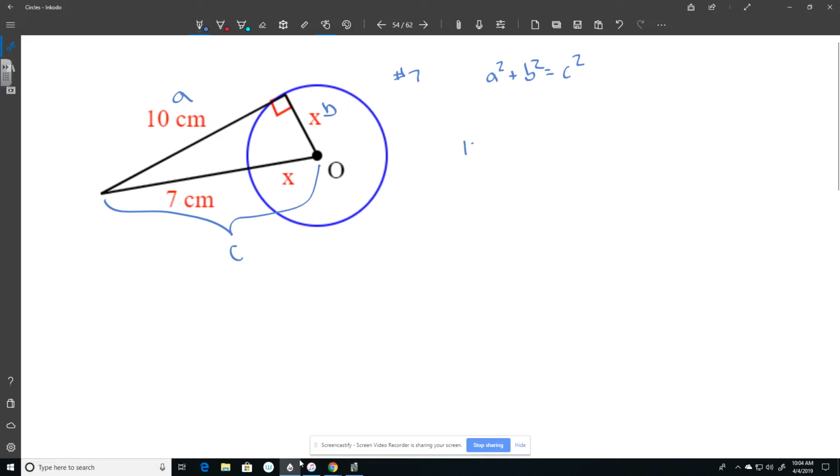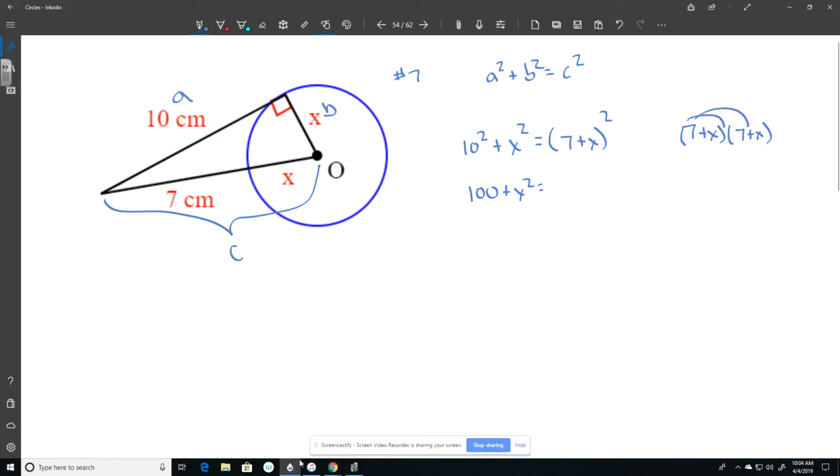So a squared, 10 squared, plus b squared, which is x squared, is equal to this entire length, which is 7 plus x, squared. So this becomes 100. This stays x squared. My 7 plus x squared, remember, that looks like 7 plus x times 7 plus x.